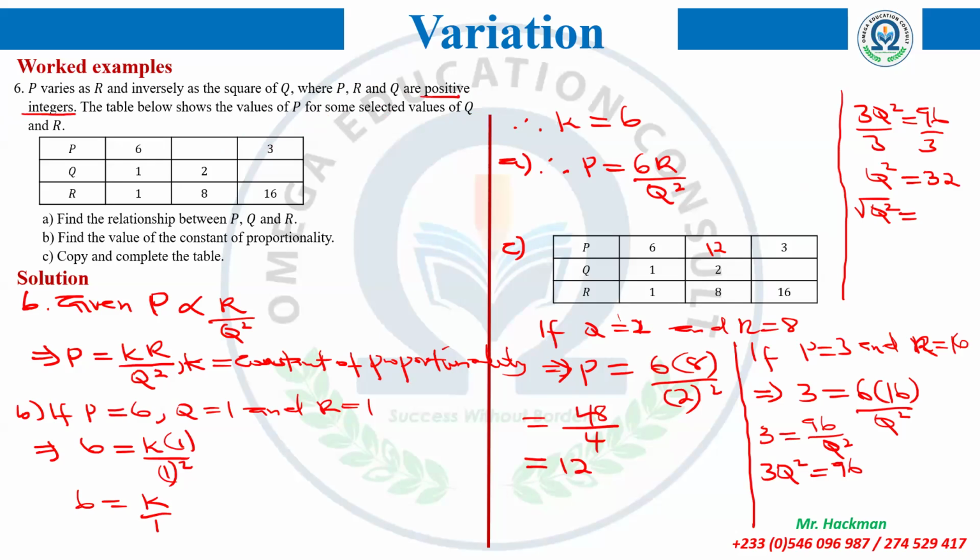Remember that's why I said anytime you are taking the square root, if you didn't underline, there is a second chance. Go back and check whether you have enough information to say that what you are looking for is really positive or negative. Once we went back, we realized that Q must be strictly positive. So if I'm taking the square root here, I will introduce the plus or minus. All correct.